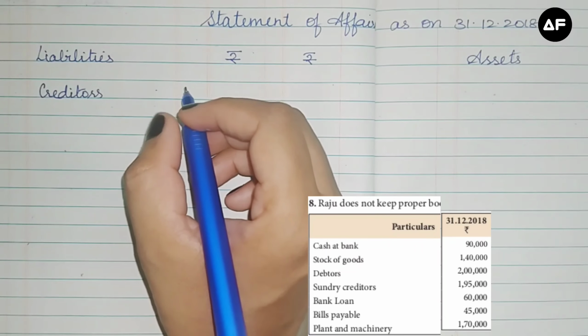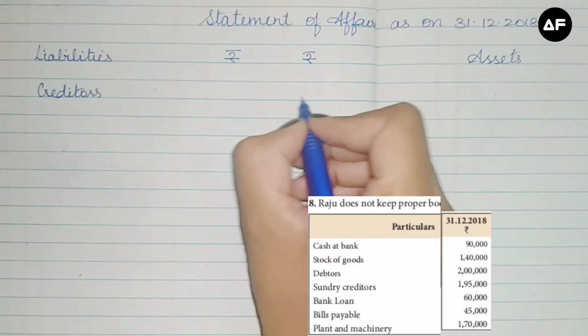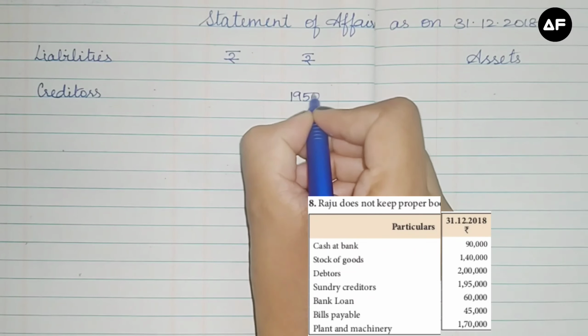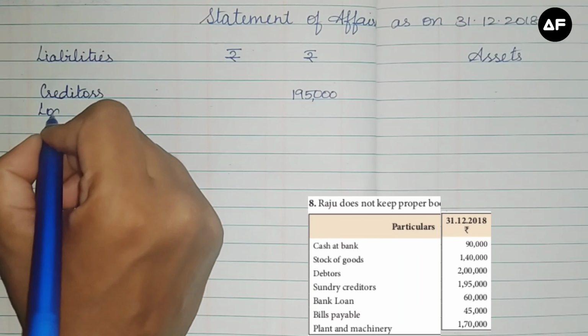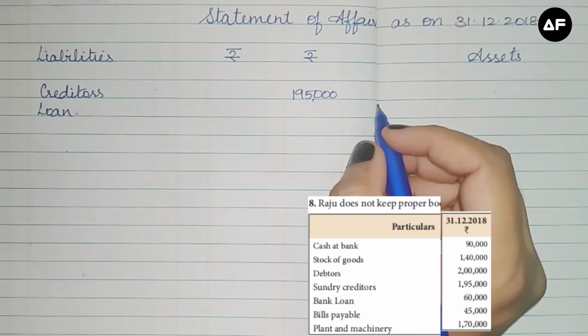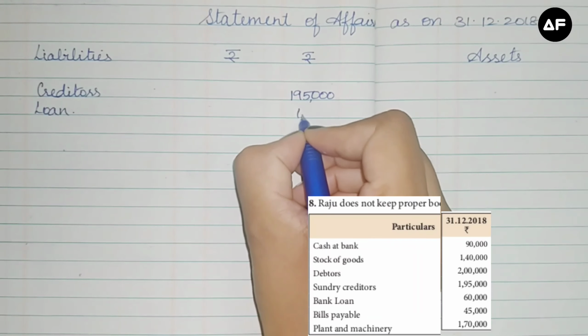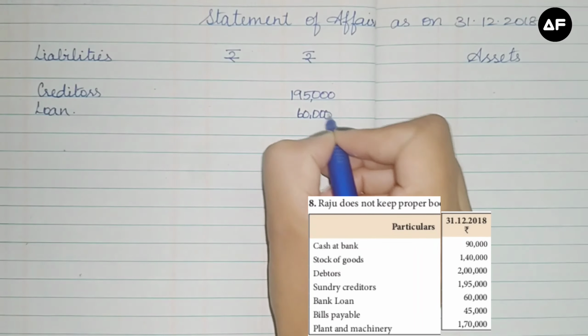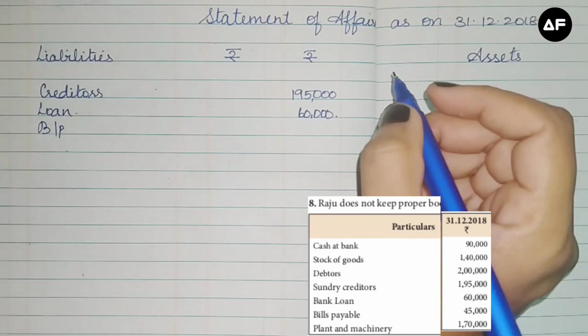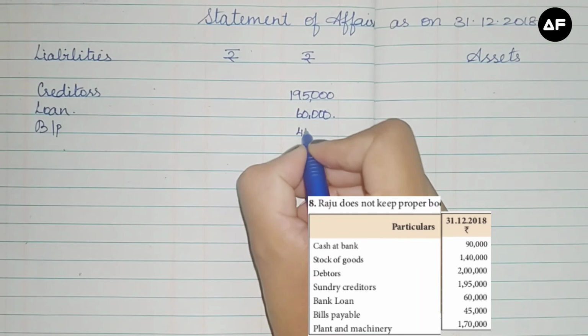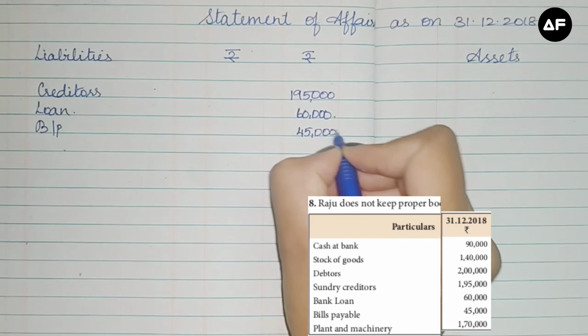The creditors for 31/12/2018 is 1,95,000. Next is going to be my loan. My bank loan doesn't change in both the figures, so it's the same, 60,000. Next is bills payable. Bills payable also changes here, so that is 45,000.